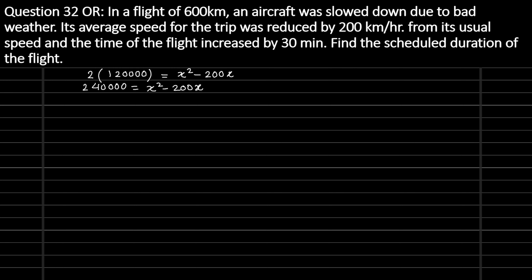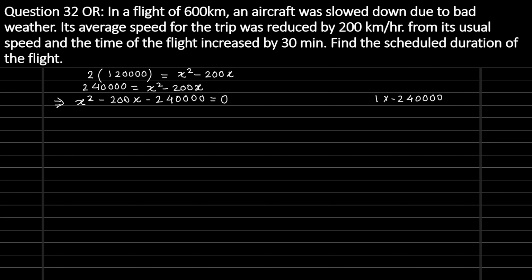Now let's take the constant term to the other side. The equation will transform into x square minus 200x minus 2,40,000 equal to 0. Coefficient of x square is 1, and the constant term is minus 2,40,000.